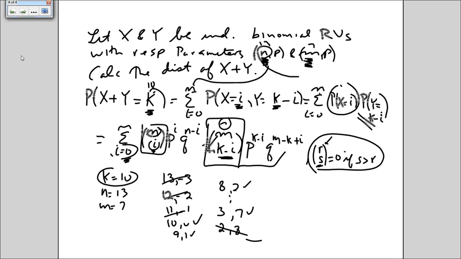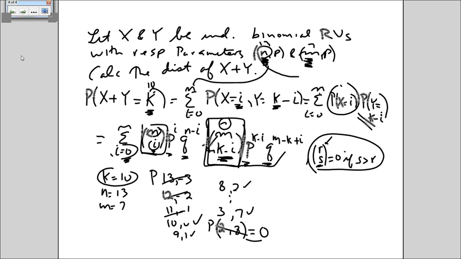Well, when you multiply this times this times this times this times this times this, and one of these is 0, say this is 0, then the whole probability will be 0. And after all, the probability that x is 2 and y is 8 is 0. It can't happen.